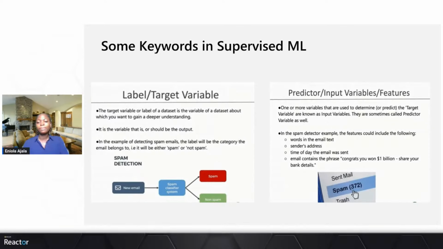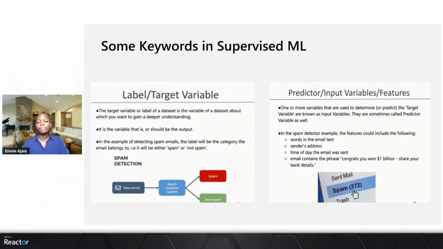So that is why it will categorize that kind of email into the spam box, right? So that is that about supervised machine learning. It is when data is being trained under the supervision of someone.